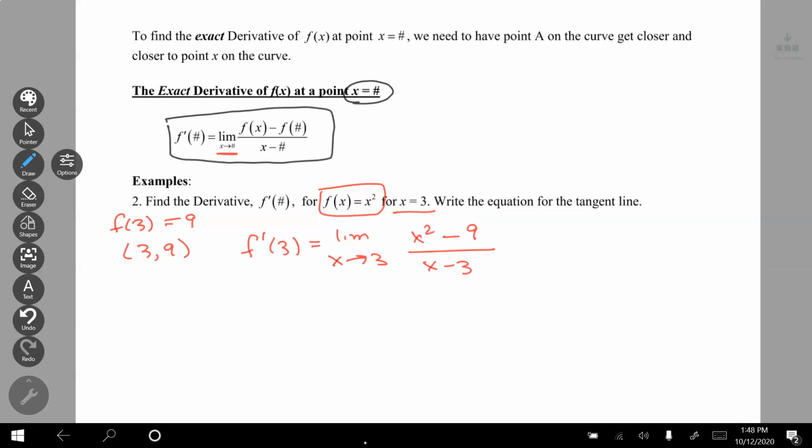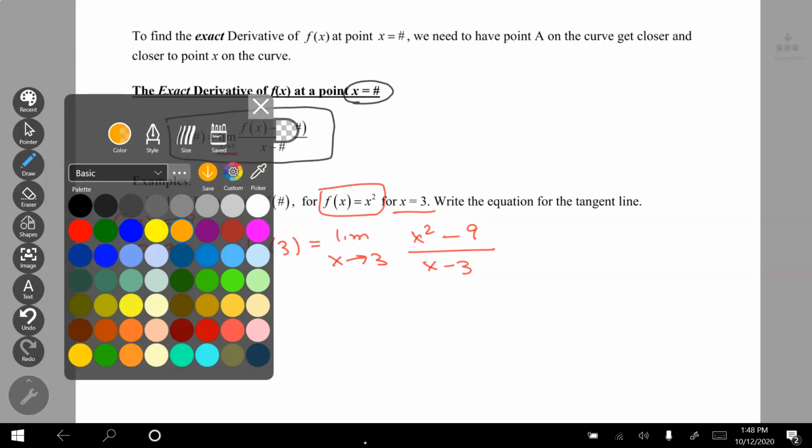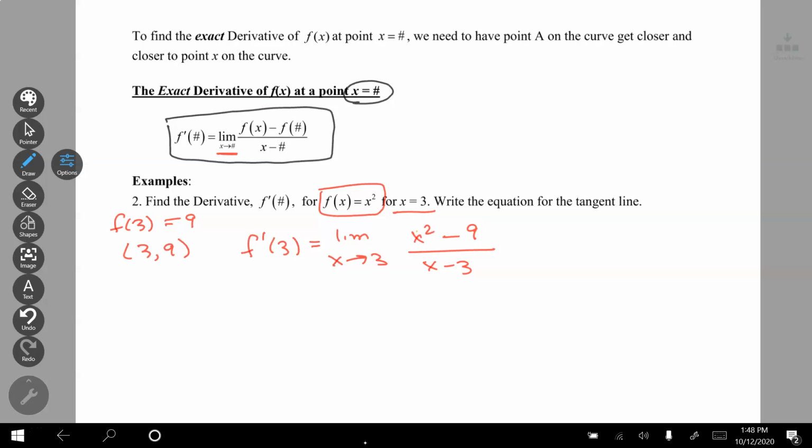If I plug 3 in there right now, I would get 9 minus 9 over 3 minus 3. I would get 0 over 0, and I would be like, oh, that doesn't tell me anything. So what we need to do is factor.